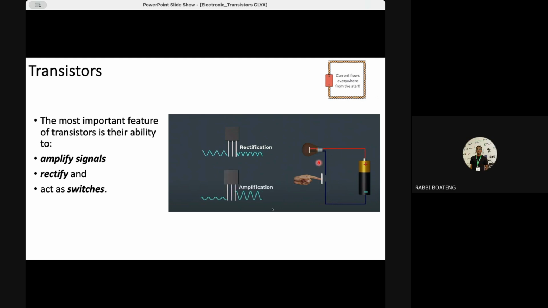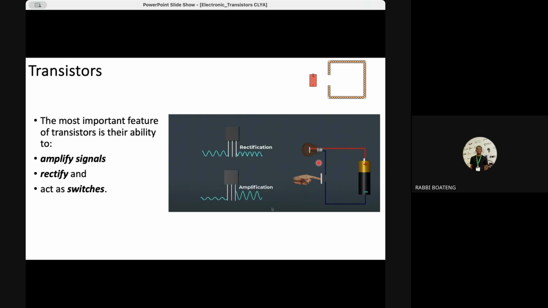And which of the semiconductors did we say converts AC to DC for us? We use a diode. It's okay. We use a diode to do that. And even with that one too, okay, I'll bring another question later.